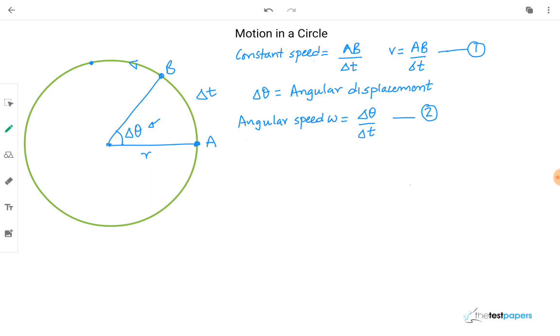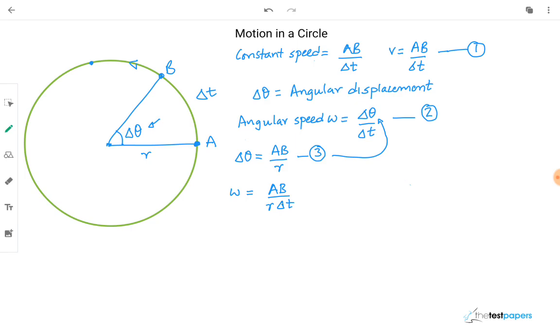We know by definition of radian that delta theta is equal to arc AB divided by the radius of the circle. Let's call this equation 3, and let us substitute the value of delta theta here, so that our equation 2 becomes omega is equal to AB divided by r delta t.